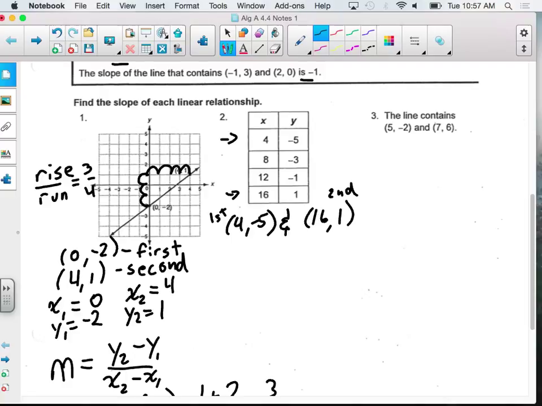So our first order pair, what's 4 going to be? X sub 1. What's negative 5? Y sub 1. And then going on to our second order pair, what do we label them as? X sub 2 and Y sub 2. Exactly.